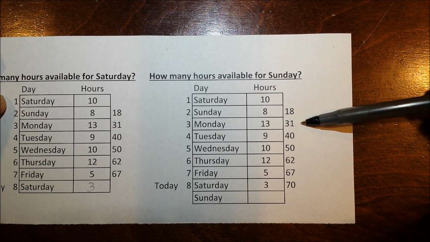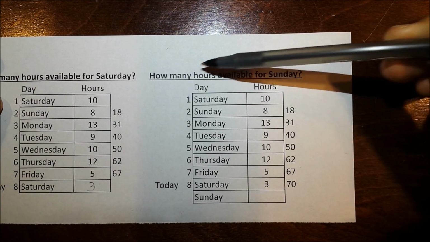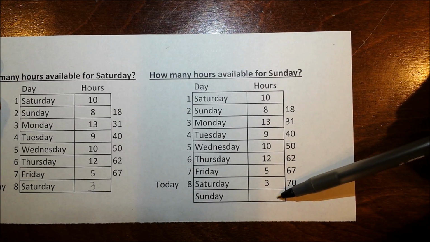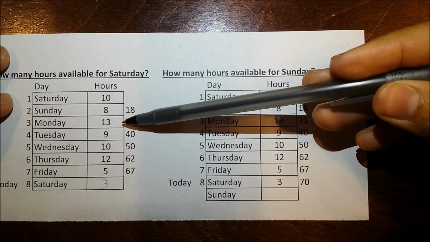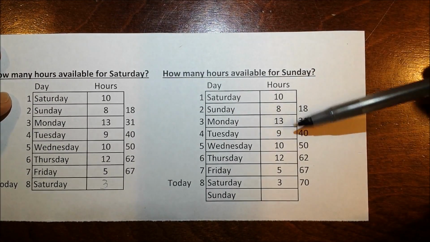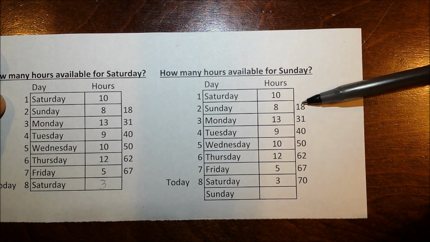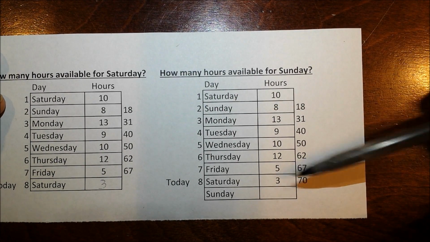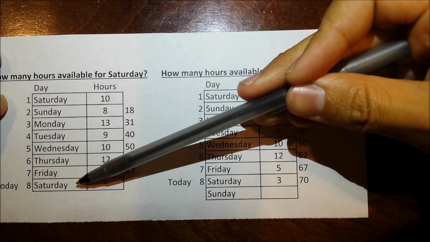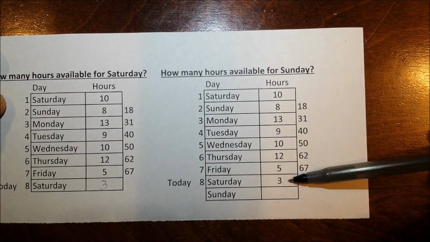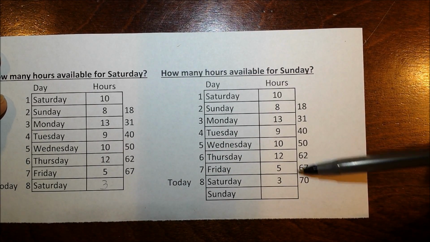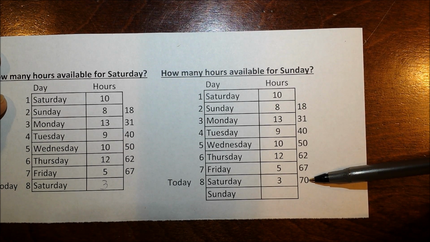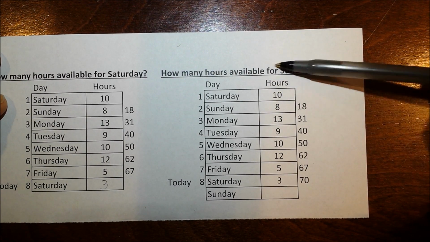If we look at this example, it says how many hours are available for Sunday. Here, I duplicated this chart and put it over here. It's the same numbers, the same count, everything. For Saturday, you can see that we already drove 3 and we have our 70 hours. Now, the question here is, how many hours for Sunday?